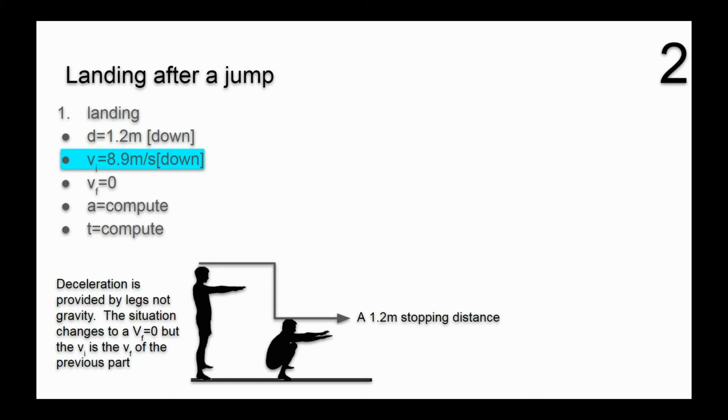It's a totally new problem. Nature has no memory of how he reached 8.9 meters a second. So that's the trick. This is now the new VI, and acceleration is not due to gravity now. It's being provided by his legs.